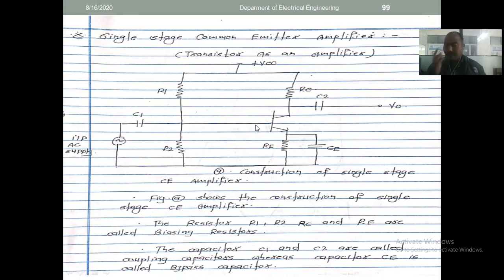Whatever signal is applied across your base terminal appears at your collector, and it should be opposite. I'm telling you the reason behind it: a transistor is a device where, whatever signal is applied, the output has a 180-degree phase shift.